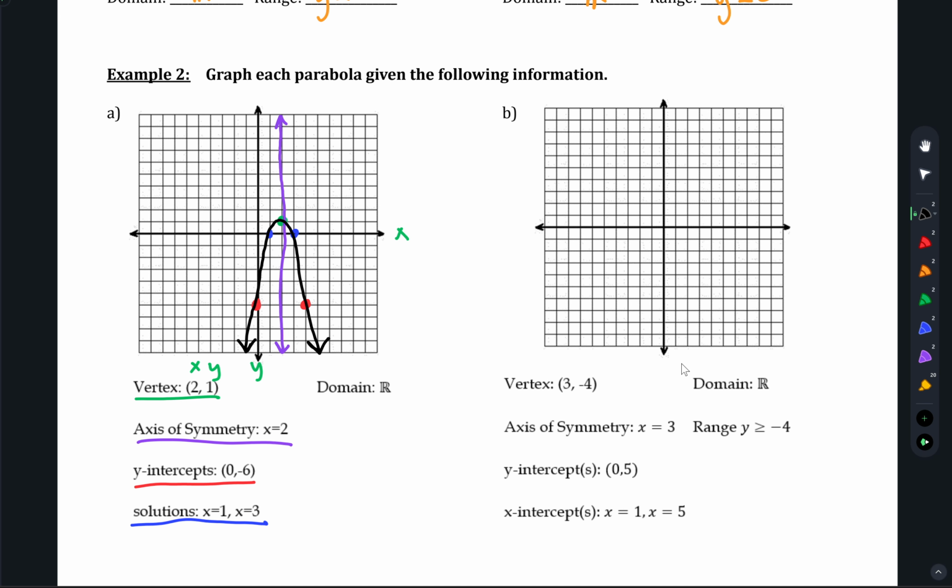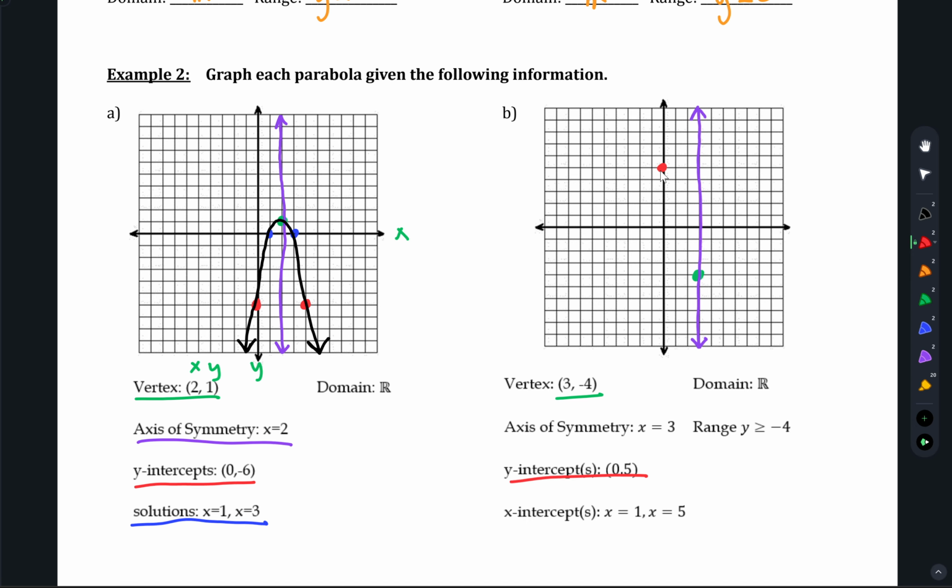Okay. First things first, vertex. 3, -4 goes here. I'm going to draw my axis of symmetry through there at x equals 3. My y-intercept at 0, 5 goes up here. And then I'm going to reflect it.